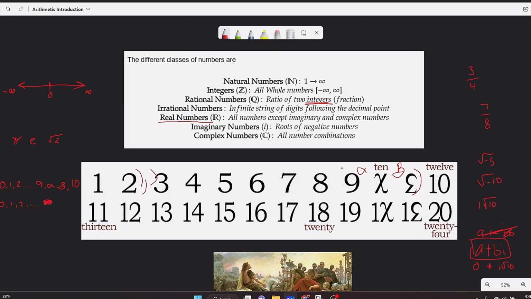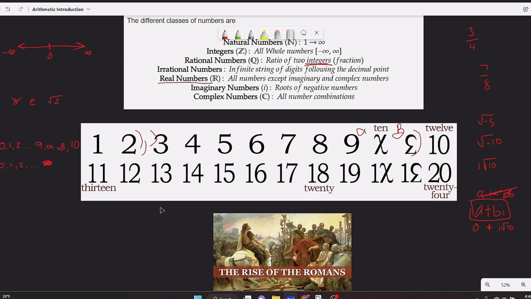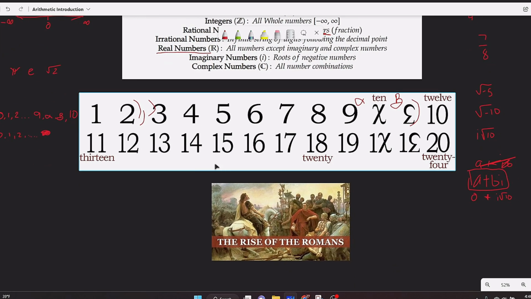And all of this leads us to our arithmetic operations.